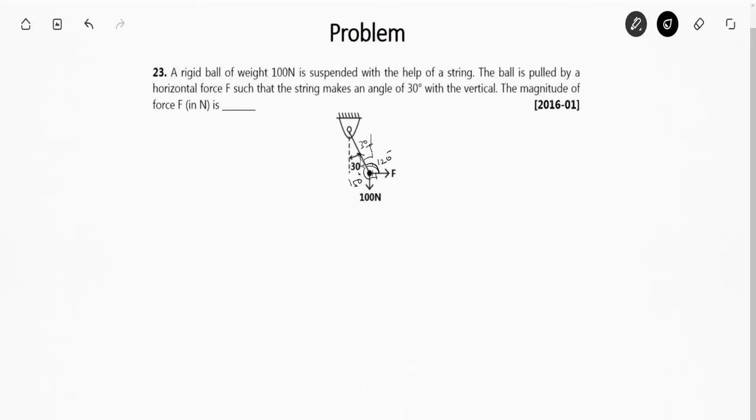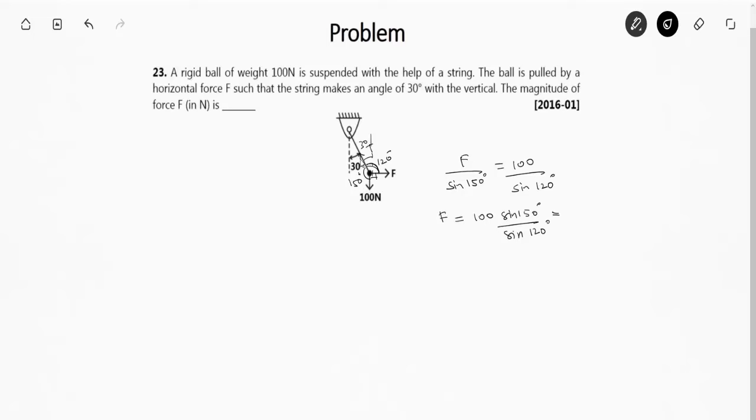150 degree. So again using sine rule or Lami's theorem, whatever you say, I will write the equation as F upon sine 150 degree is equal to 100 upon sine 120 degree. So it can be written as 100 times sine 150 by sine 120 degree.